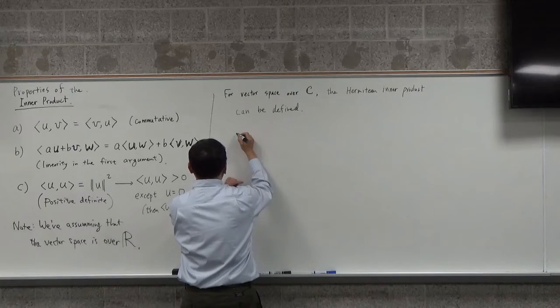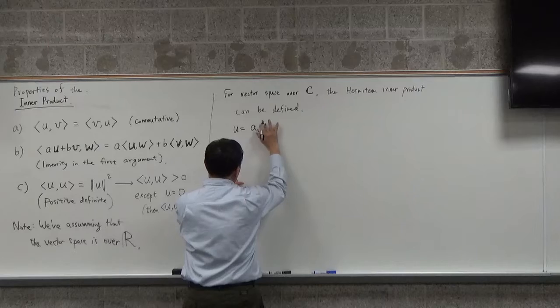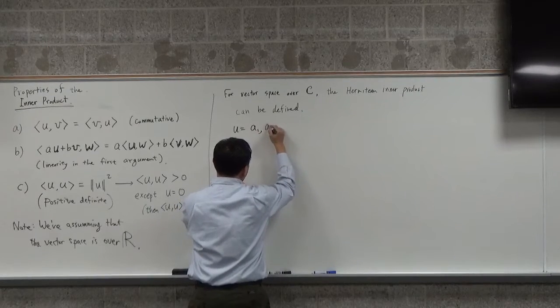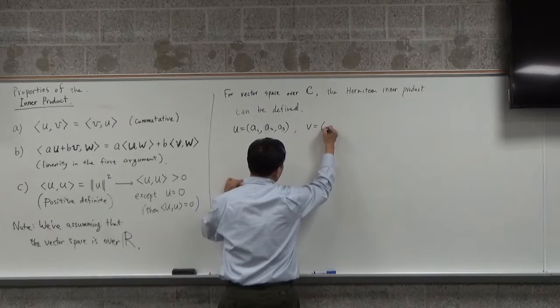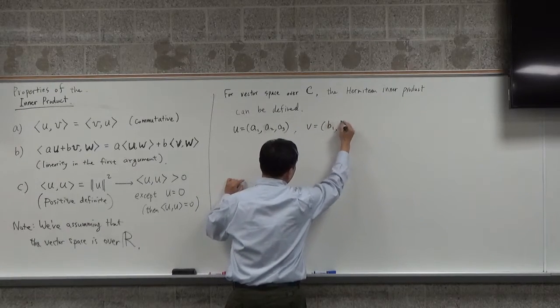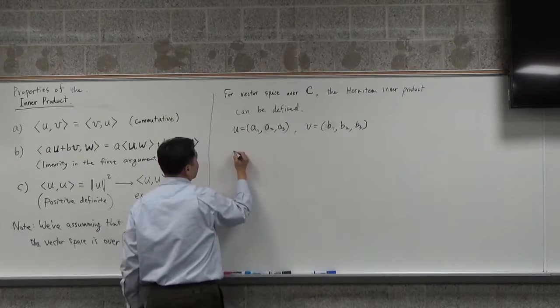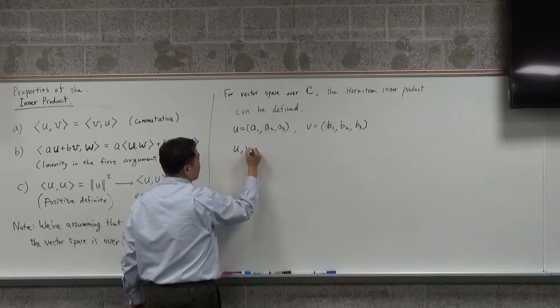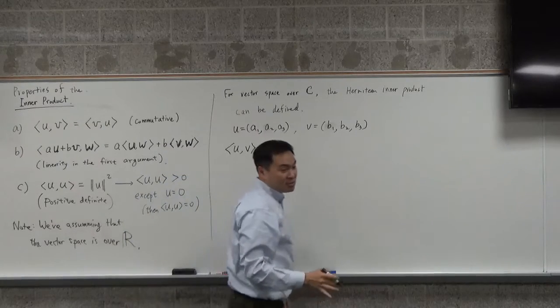Okay. So suppose you have u as (a1, a2, a3), and then v as (b1, b2, b3). Then u inner product v, where we're not assuming these are real anymore.